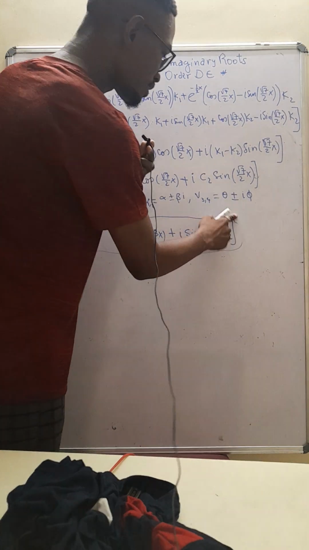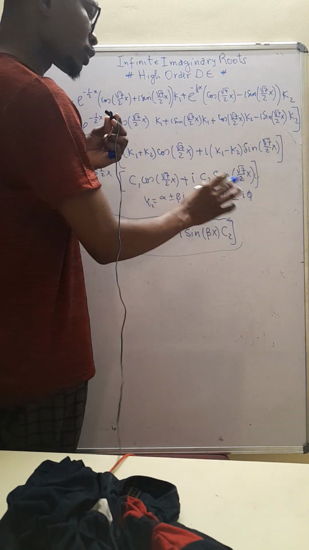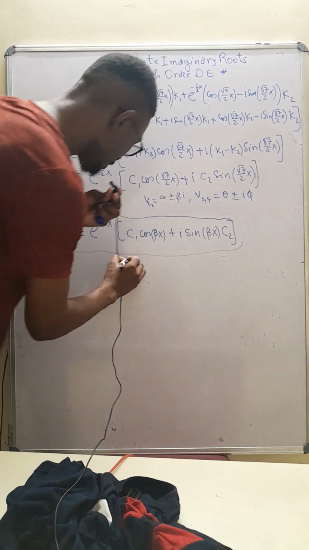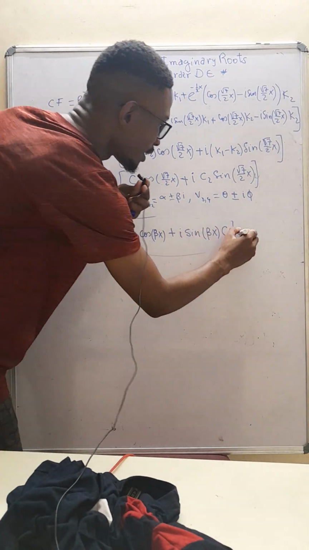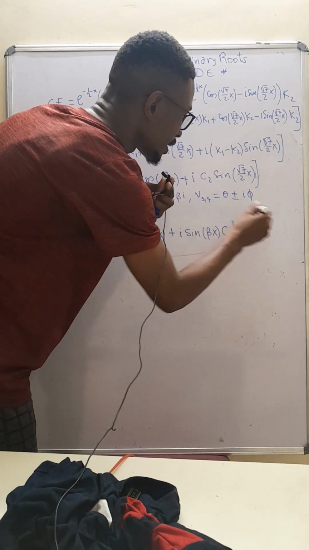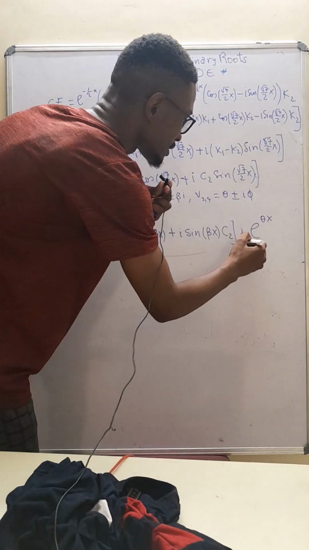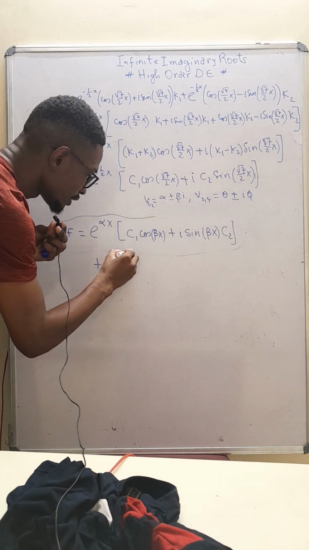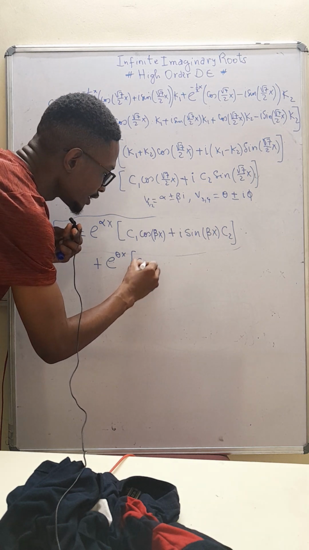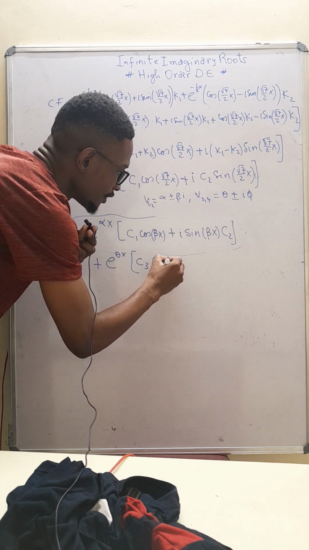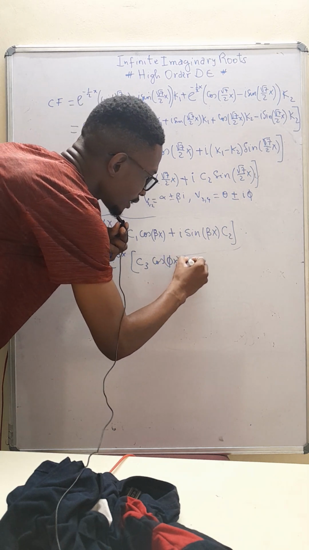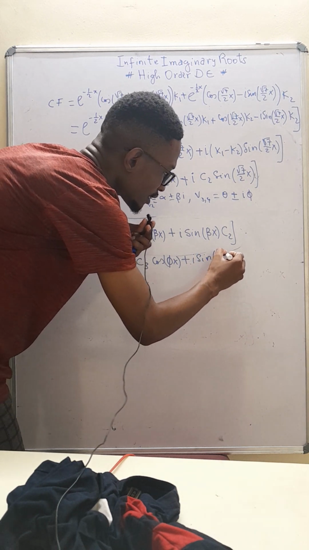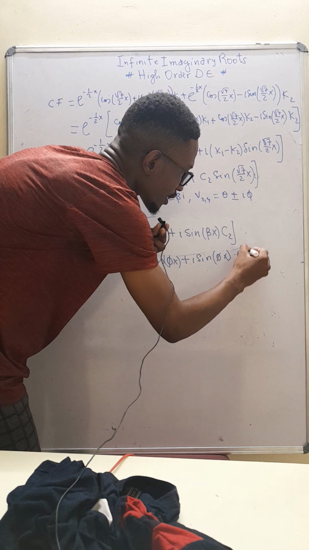So suppose we have 4 roots, but they are 2 pairs of imaginary numbers. Then you just have to add the second pair: plus Euler raised to theta x, then C3 cos phi x plus I sin phi x times C4.